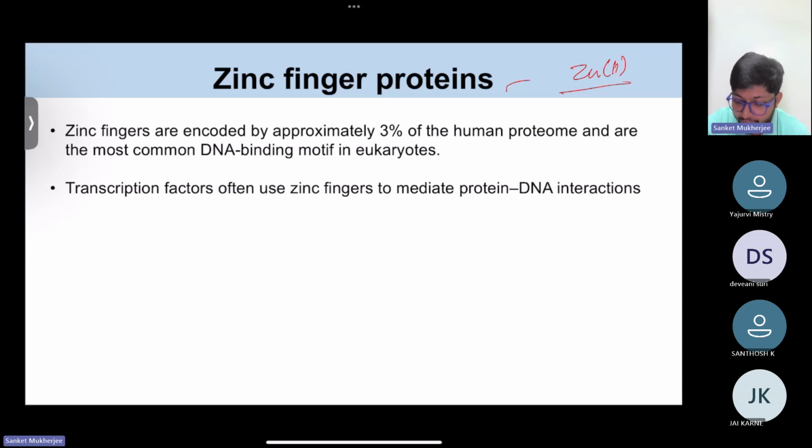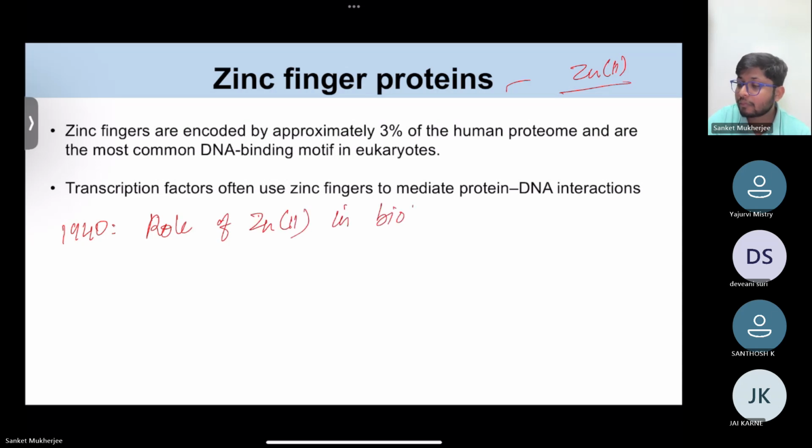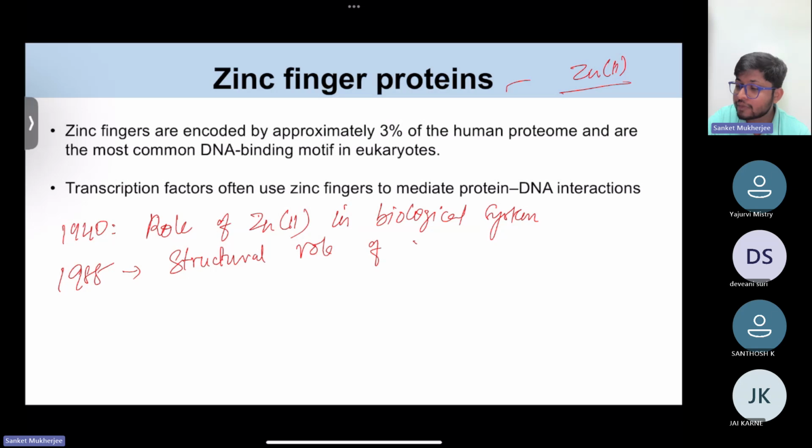In 1985, the structural role of zinc in transcription factor 3A was established.